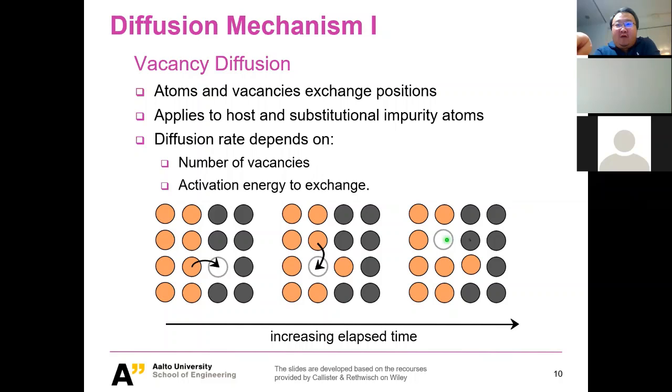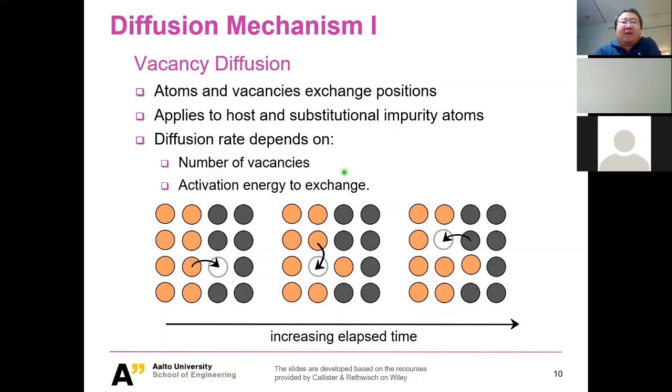You can imagine now this B atom could easily get into the A matrix. So this very simple animation tells you the mechanism of diffusion happening in solids.